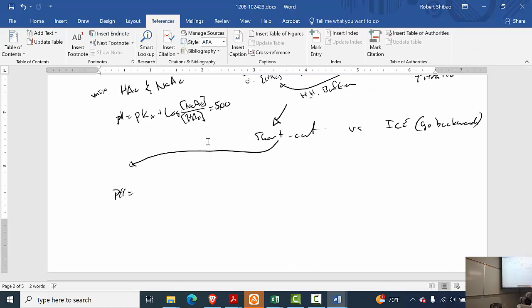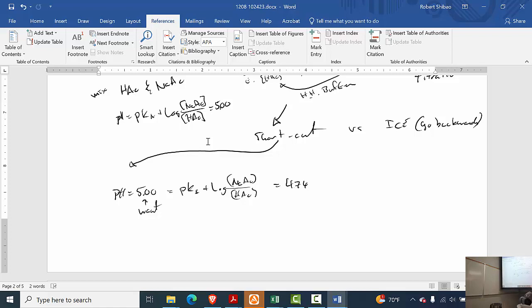So we have the pH. The desired pH is 5.00. This is what we want. This is equal to pKa plus the log of the base to acid, which is equal to 4.74 for this particular system.